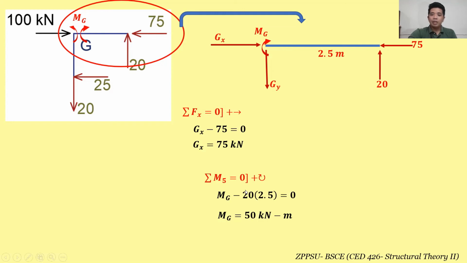So mg, clockwise minus 20 counterclockwise times 2.5. So yung 75 is acting, pointing directly dito. So wala na siyang lever arm, so cancel na siya. So mg is simply equal to 50 kilonewton meter. And summation forces y equals 0. So gy is equal to 20 kilonewtons.